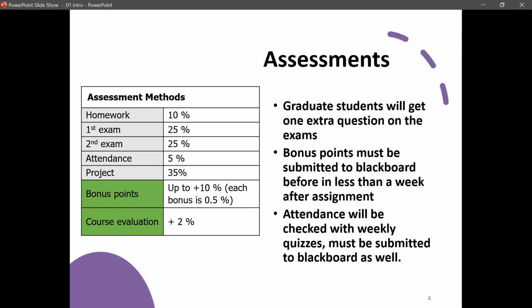But all you really need to do for those quizzes is write your name on the paper and hand it to me. That's it. This is for attendance. If you submit all of the quizzes, you will earn the full 5% of the course.